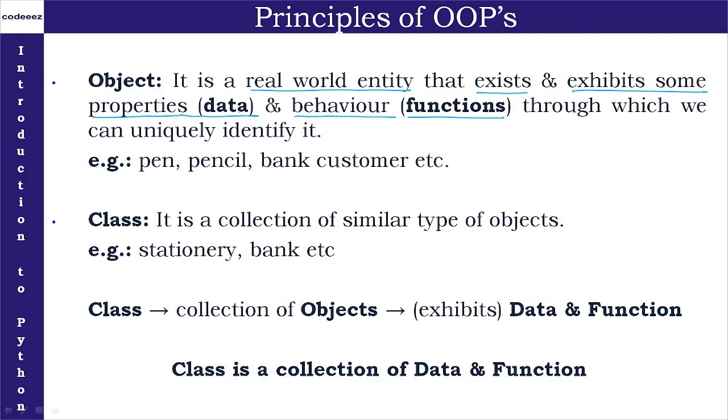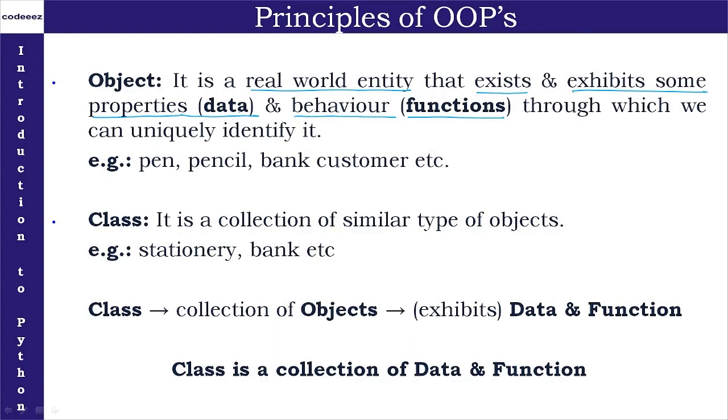So each and every customer is identified by their own attributes, right? So every customer of a bank is an object.